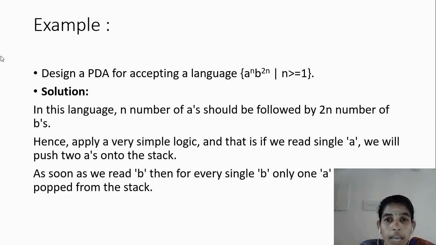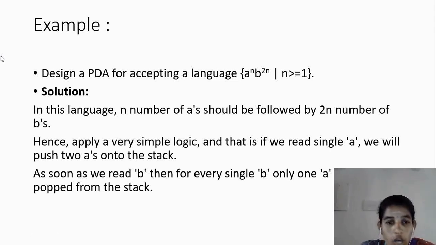The concept A power n, B power 2n is nothing but when you read an element A, we normally do the push operation. So push the A 2 times, because the B power is 2 power n. Finally, when both A and B are equal, the string is accepted. So I insert 2 times A in my stack.